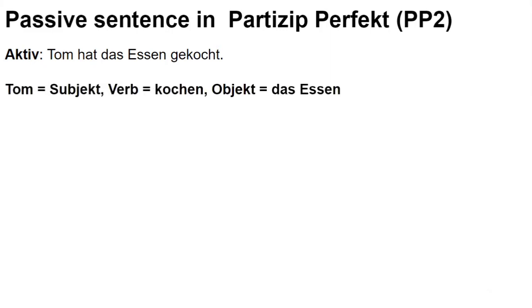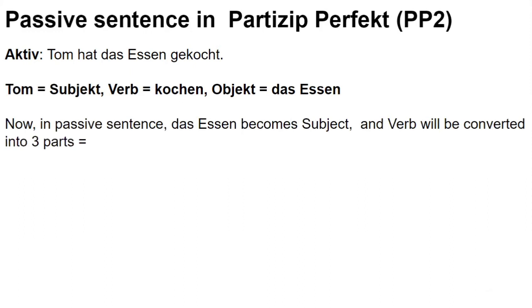Now we are learning to form Passivsätze im PP2. Zuerst aktiv. Tom hat das Essen gekocht. So here Tom Subjekt, Verb ist kochen, Objekt das Essen. Now in passive sentence, das Essen becomes subject and verb will be converted into three parts.